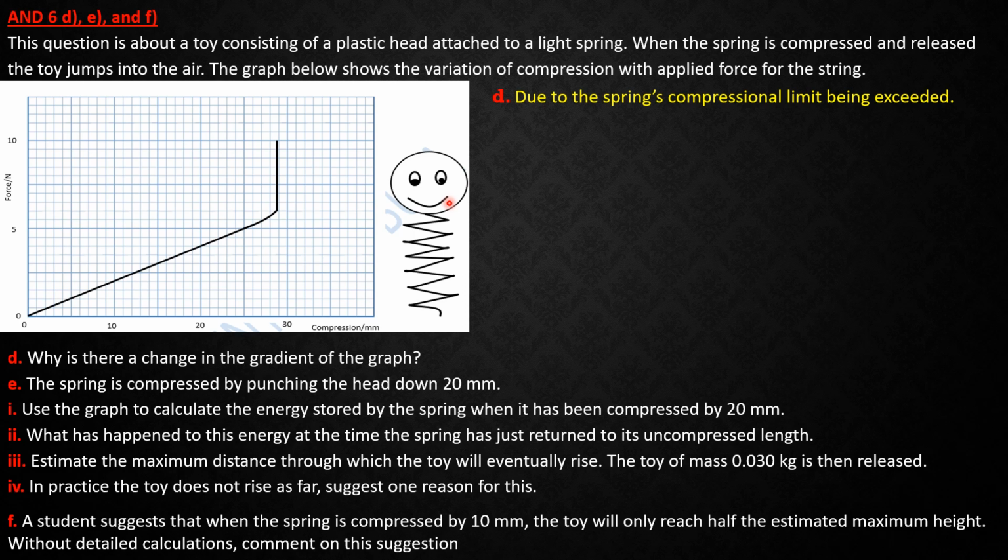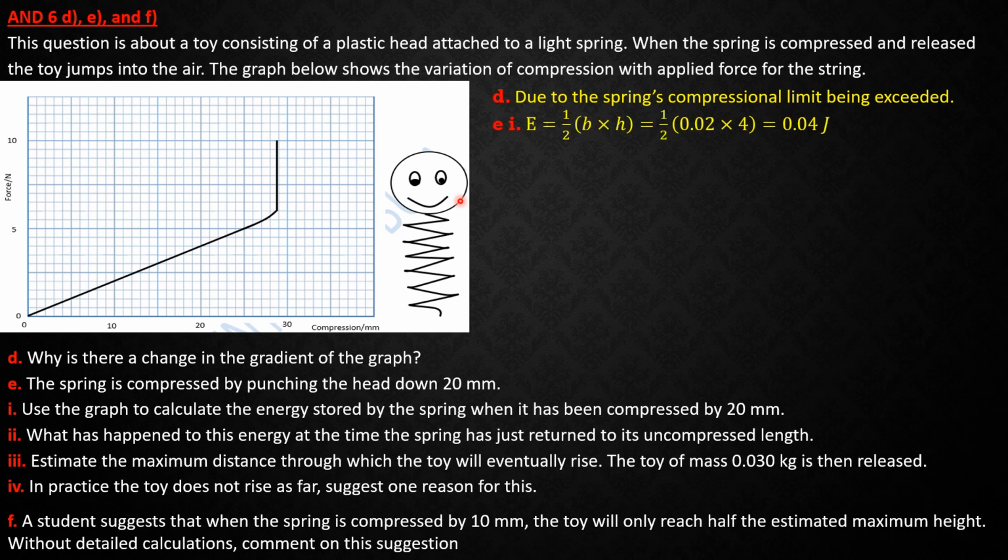All right, so the force is plotted against the compression like this. Okay, so you will notice that as you keep increasing the force that's compressing this spring, you're going to get to a force where you're increasing, the thing is no longer compressing, right? Because of course the compressional limit is exceeded, so you cannot compress further.